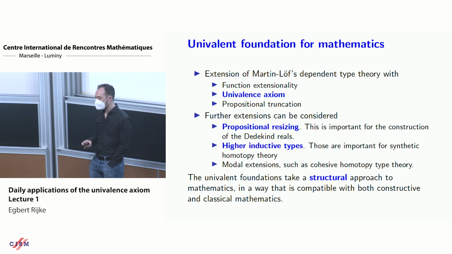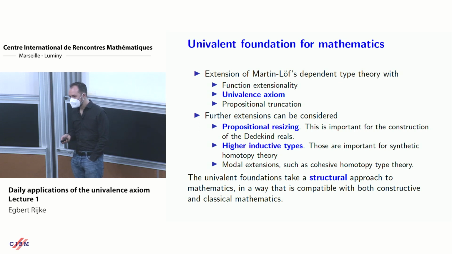Or maybe someone says, oh no, I really want to do algebraic geometry inside type theory, so I'm going to need all these higher inductive types. So we want to introduce those. You can assume those, and all of that fits in univalent mathematics.